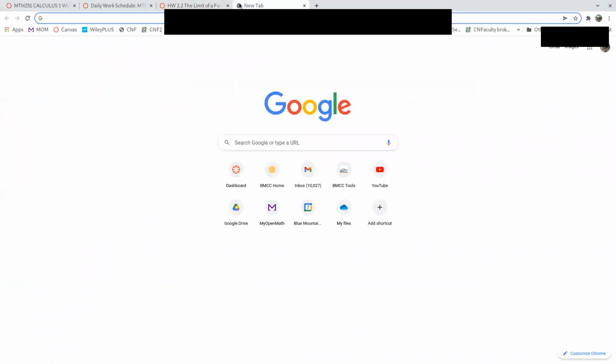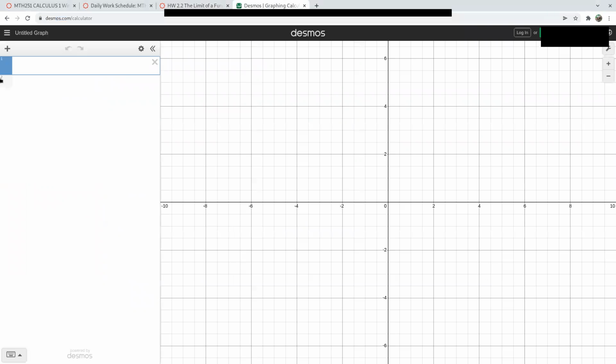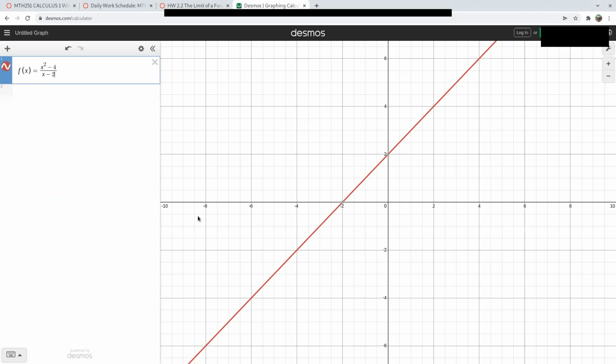Desmos has been our friend lately. And function notation in Desmos can be your friend once you get used to it. So this looks like a nice straight line, even though it had a complicated expression here.